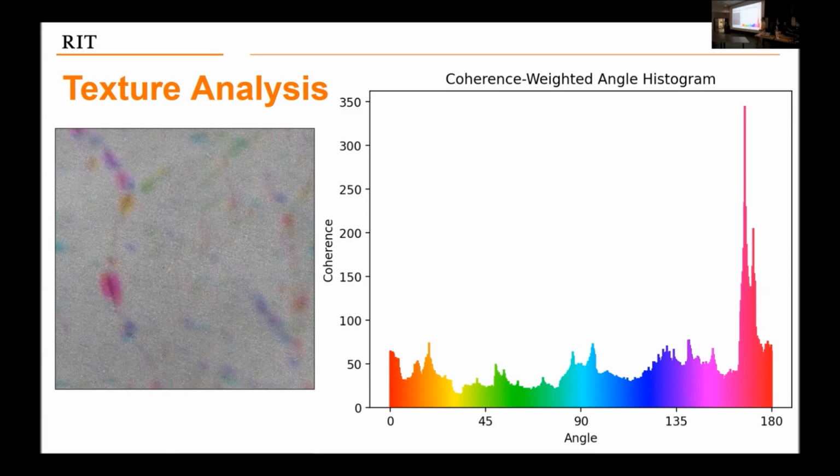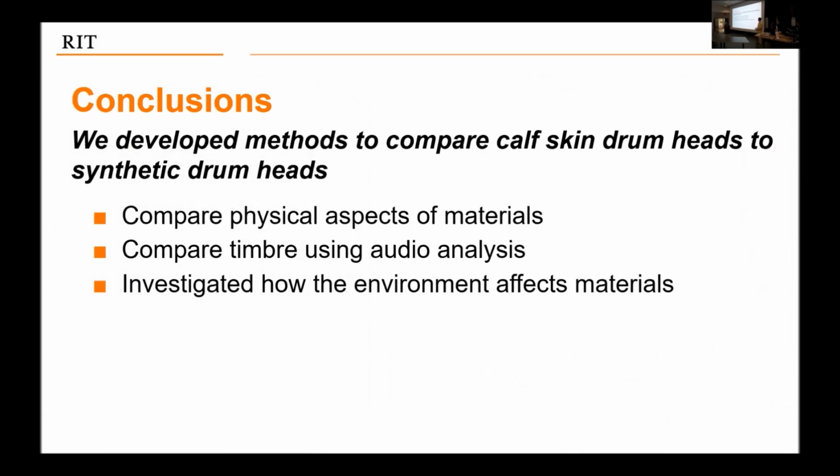And one of the cool things that we've seen is that the synthetic drumheads don't really have a clear preferred direction like this, but their overall coherence is higher. So that's one way that we can differentiate the natural versus synthetic drumheads by this analysis. So yeah.